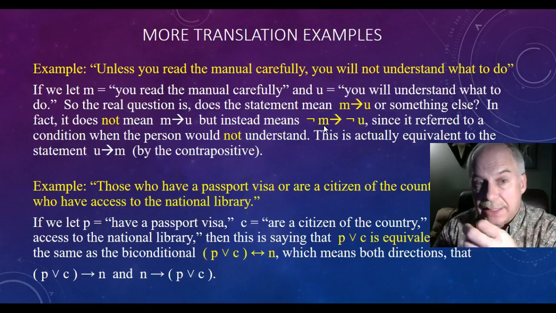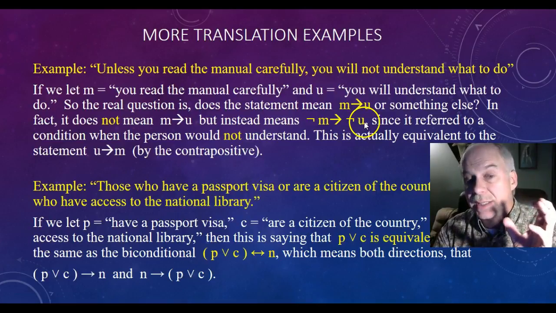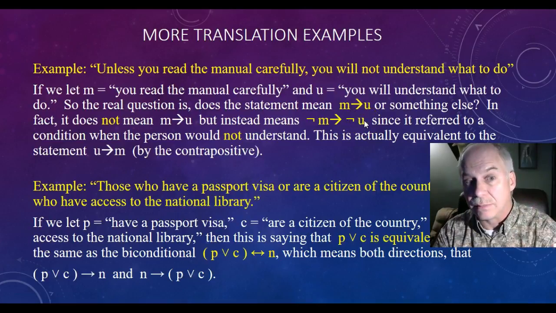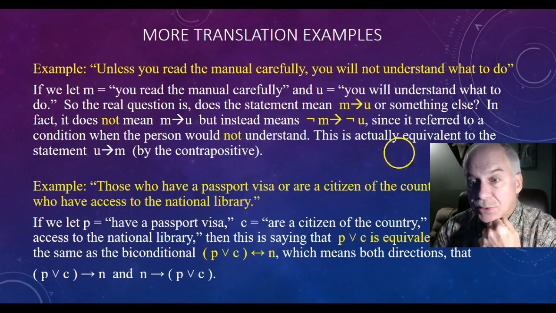It's almost like reading the manual is one necessary condition, but it's not necessarily the only condition, but it is a necessary condition. So if you don't read the manual, then you won't understand what to do, since it's referring to the condition when the person would not understand.